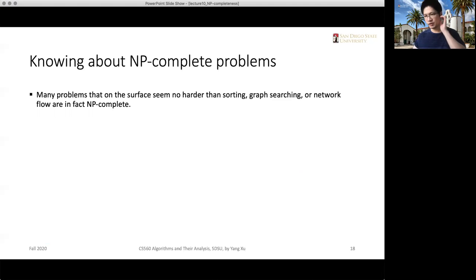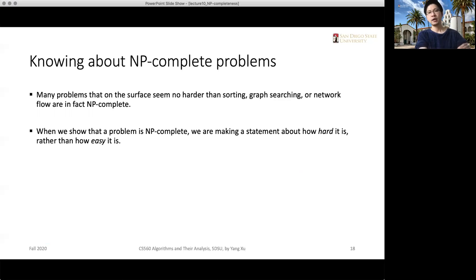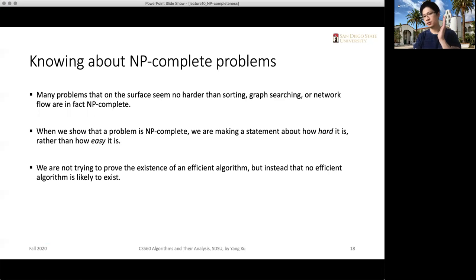That means if we spend too much time on them, it will be a waste of time. If we are able to identify an NP-complete problem, then we can at least make a statement about how hard it is, rather than how easy it is. Because it is hard, we can bypass the search for an efficient algorithm, since no efficient solutions can be found, and instead find an approximation to the original problem.